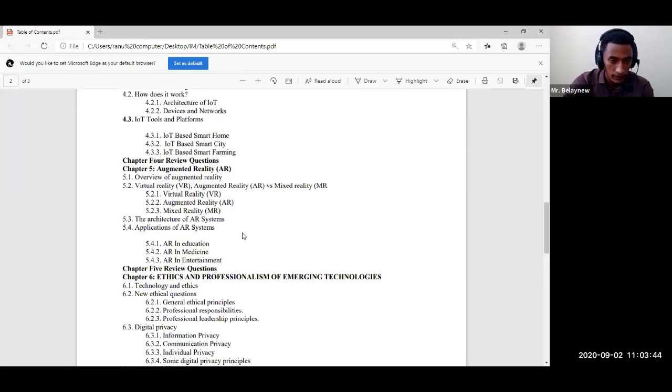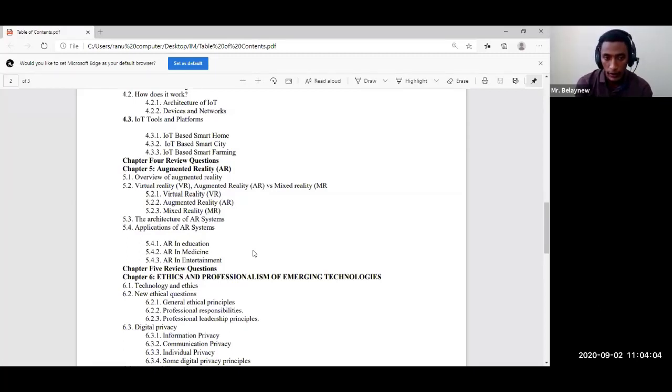We will discuss different concepts, for example AR in education, AR in medicine, and AR in entertainment. Like, for example, you can consider 3D films, animation films, 3D games and so on.